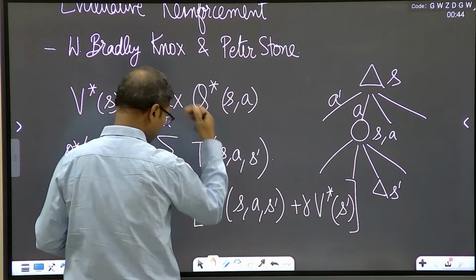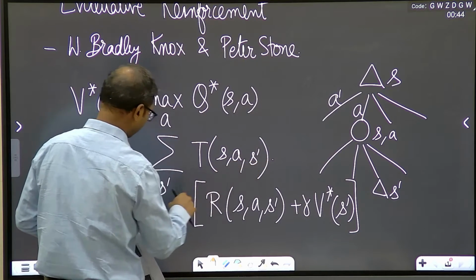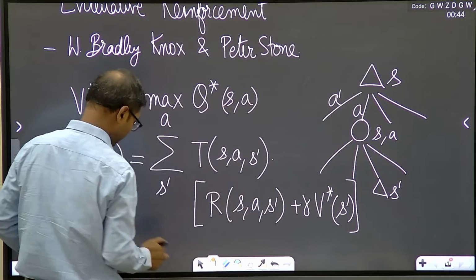So these two are being multiplied and then we sum over all S prime.